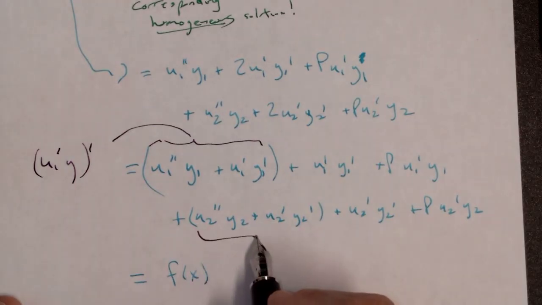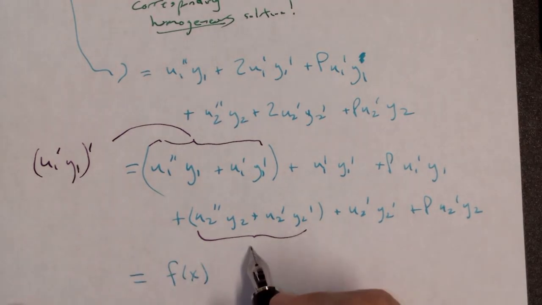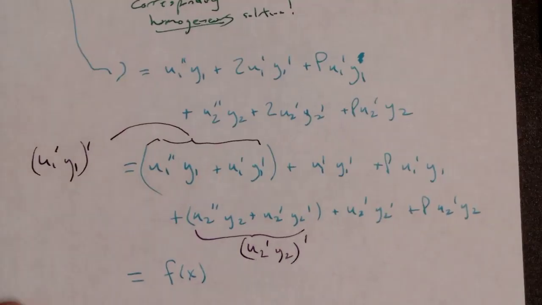And this one down here is the derivative of u2 prime times y2. That should be a y1, not just a y. u2 prime, y2 prime.